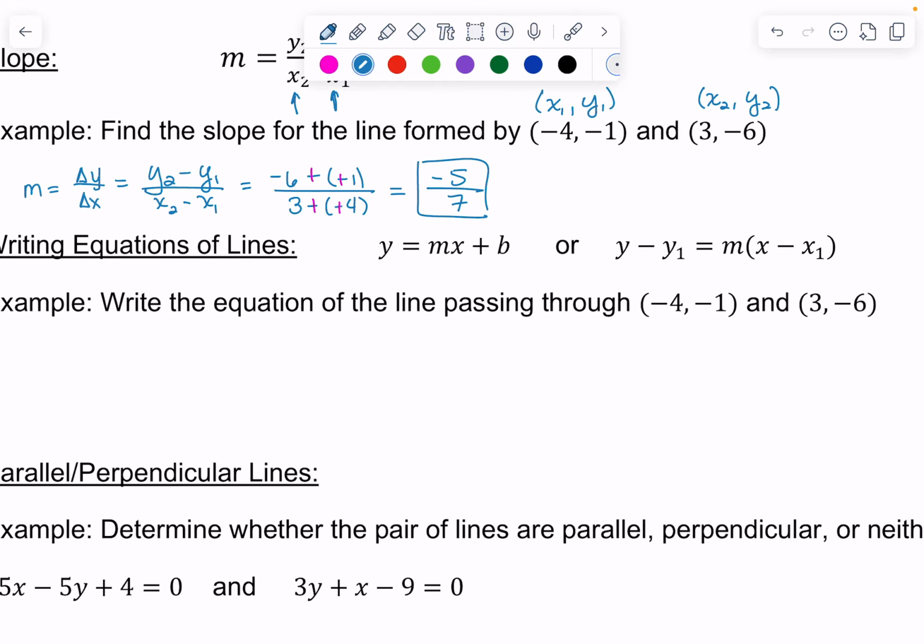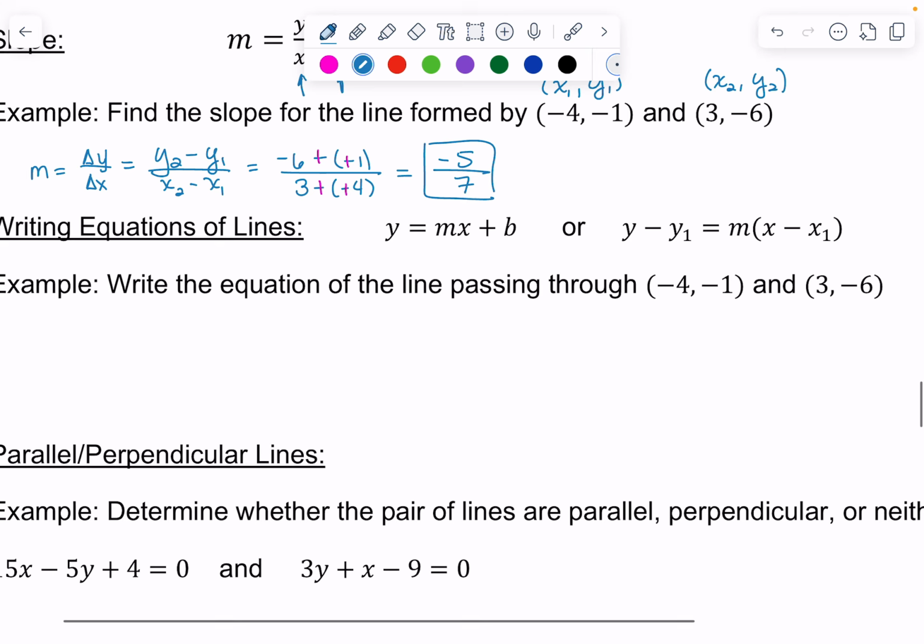You'll notice that the point in the next one's the same. Writing equations for lines, we can either use y equals mx plus b, or our point slope form of y minus y1 equals m times x minus x1. If I want it in point slope form, a lot of times I'll start with y equals mx plus b, but this point slope form has really grown on me over the years.